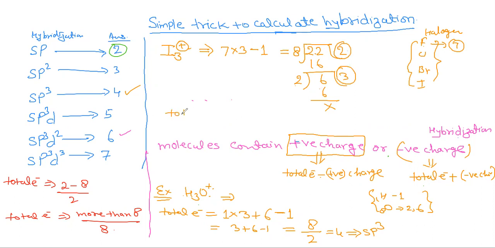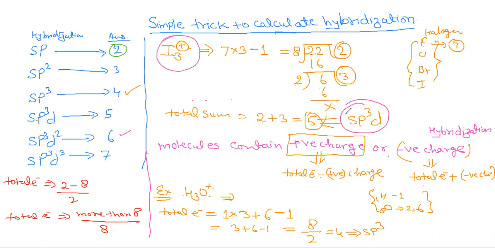Total sum equals 2 plus 3, that equals 5. So 5 is the answer, which means the hybridization is sp3d. This is the most important question.